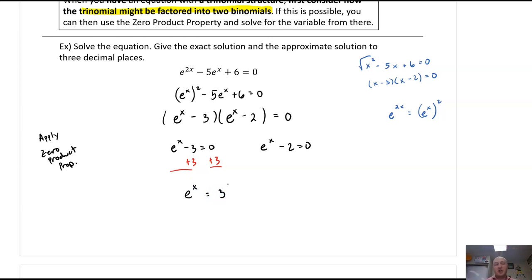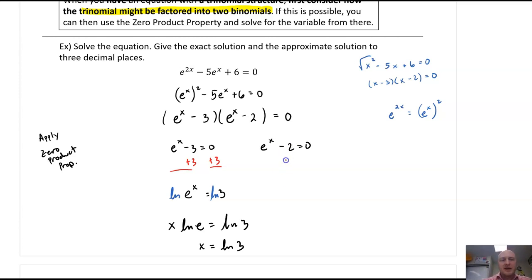Okay, I want to solve for x, so I'm going to go ahead and take a natural log of each side. So when I do this, we get x times the natural log of e is equal to the natural log of 3. And remember, natural log of e is just 1. x is equal to natural log of 3. Okay, so there's one solution.